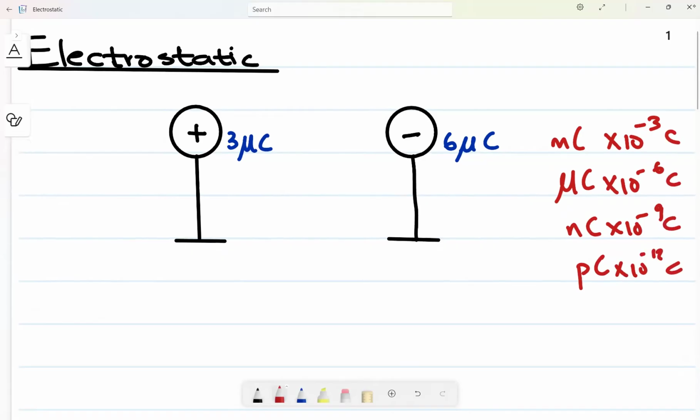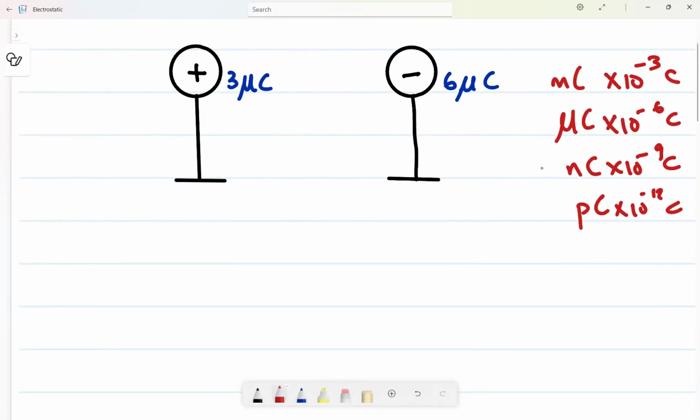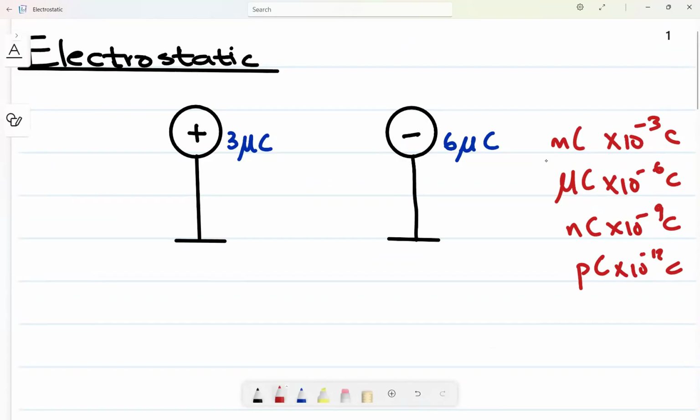Now remember again, what is happening is that these objects will feel an electrostatic force, right? That electrostatic force experienced will cause a force of attraction. We agree. There will be a force of attraction between the two.